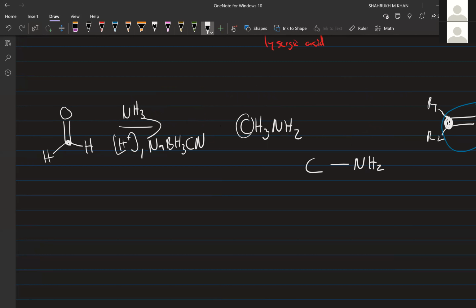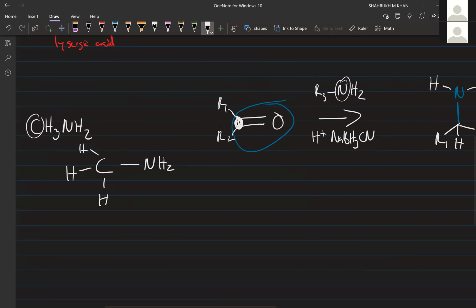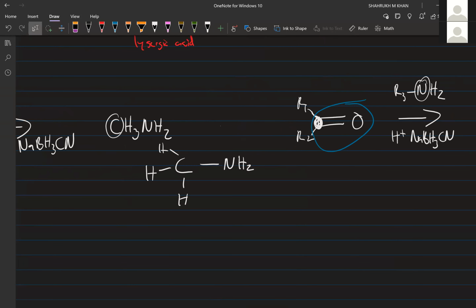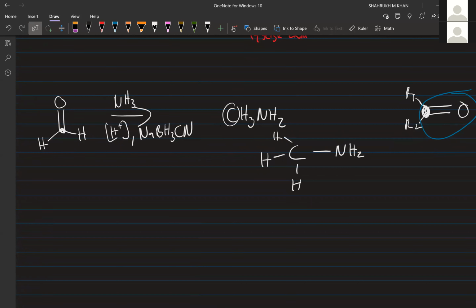Our R groups on the nitrogen are just two H's, and one R group is an H, and what the borohydride does is add that other H. Remember, there's an H here too that we don't show. So that's where that CH3 is coming from. It looks a little tricky, but honestly, this is one of the easiest reactions to get the product from. All you're essentially doing is replacing the C=O bond with the C-N bond. And this can only work for ammonia, primary and secondary amines. So all you have to do is remove one proton off your amine, and then you get your final product.